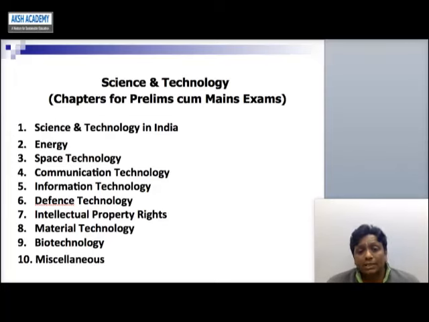Intellectual property rights and the various issues: copyright, trademark, patent, all. Material technology, UPSC has given you robotics and nano, but I suggest you also read artificial intelligence, guys. Artificial intelligence is very near to the robotic parts. Biotechnology, various uses of biotechnology. Please go and read it.